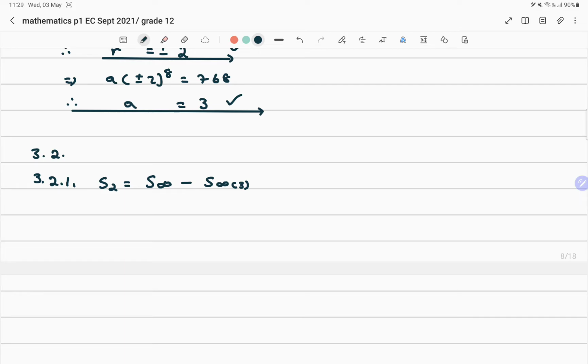Let's assume this sequence was 1 plus 2 plus 3 plus 4 plus 5, 5 being infinity, if you think about it. And then we are starting from the third in the second instance, 4 plus 5, 5 being infinity as well. So do you see what happens here? What would be the sum of the first 2 terms here? It's going to be 3, isn't it? Because all these terms cancel.